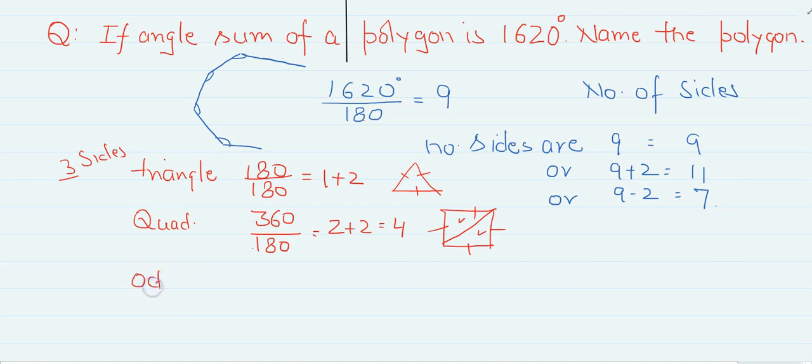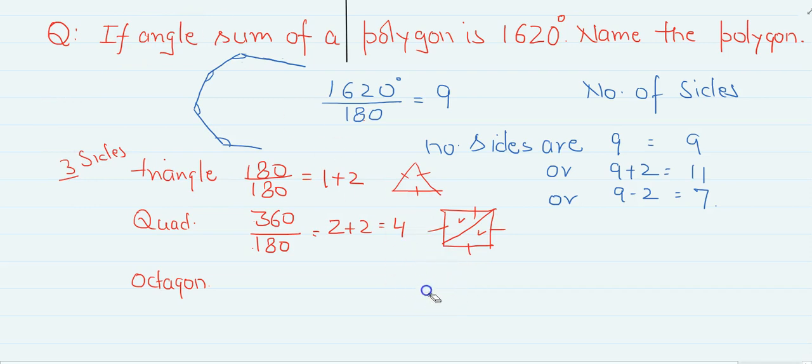Let's say octagon. How many triangles are there? 1, 2, 3, 4, 5. These are 6 sides. This is not an octagon.